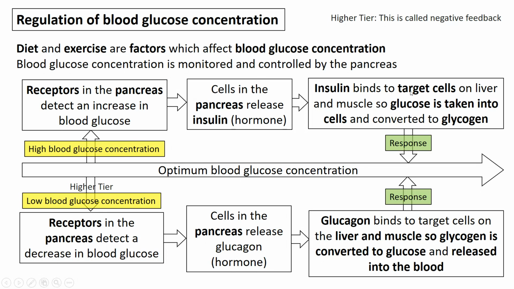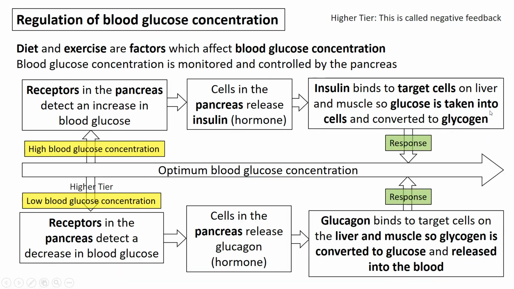But when it gets to a target cell, which is either liver or muscle cells, it binds to receptors on the target cells. This stimulates those cells to take the glucose in from the blood to the cells, where it is converted into a storage molecule called glycogen.